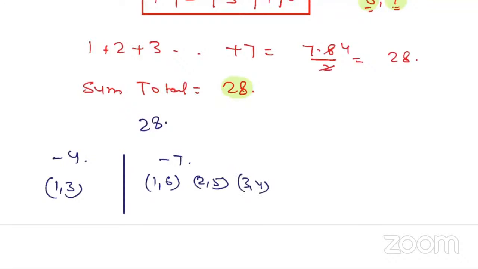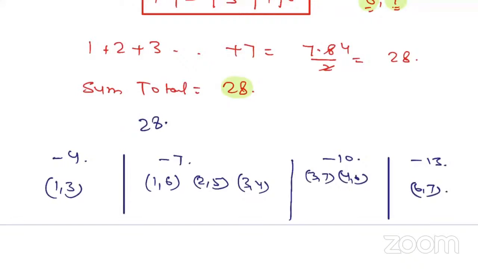3, 4. Then minus 10, right? Minus 10 is 3, 7, 4, 6, 5, 5, not possible, right? And minus 13 is possible for 6, 7. So what is the meaning of this, right?